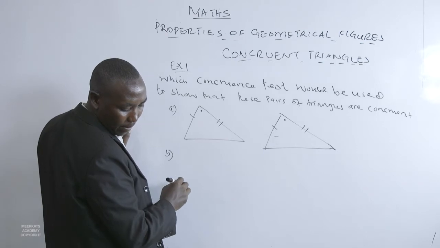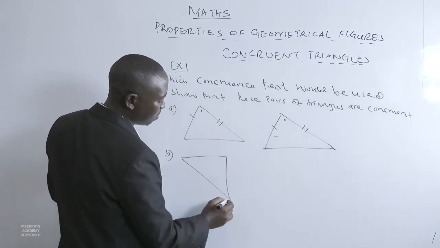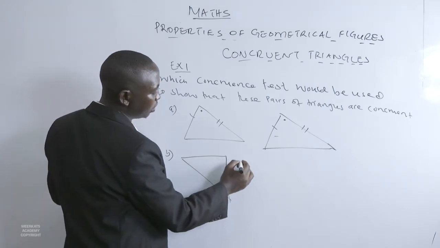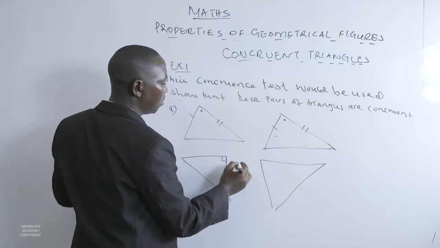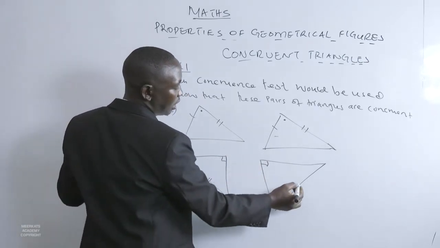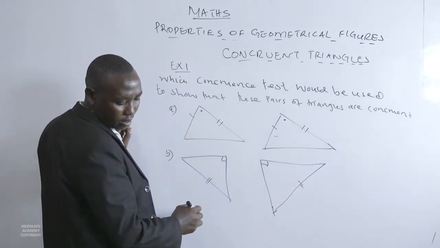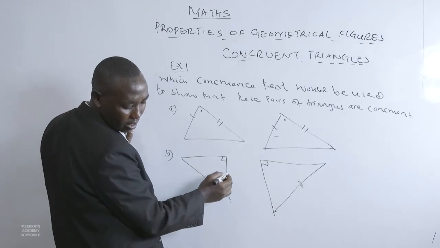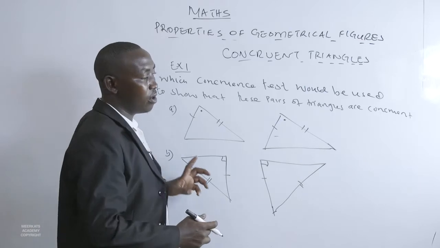Number B, we have such, where this is 90 degrees, that is 90 degrees. This side and this side are equal. Then this side and this side are equal.